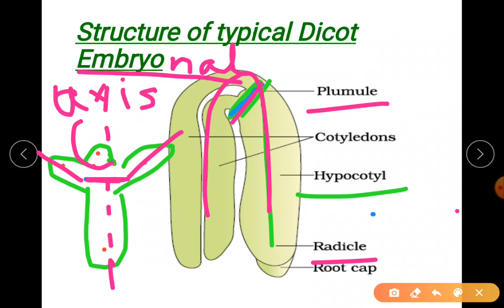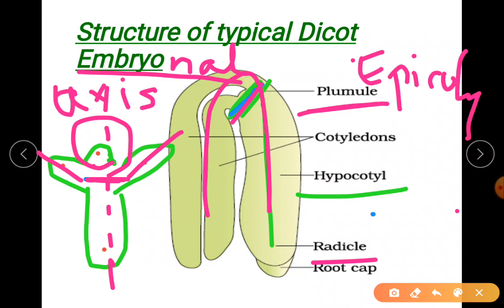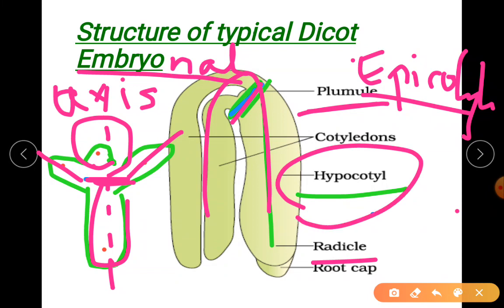Now above the level of attachment of cotyledons, there is a portion. The tip is plumule. The rest of the portion is called the epicotyl. Don't worry, I'll write the spelling there; it's difficult to write here. Then the portion below the level of attachment of cotyledons, the cylindrical portion, is called hypocotyl.